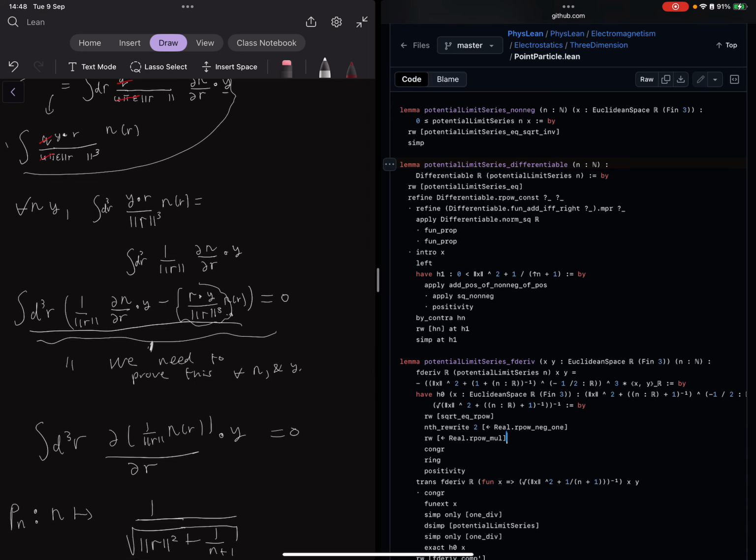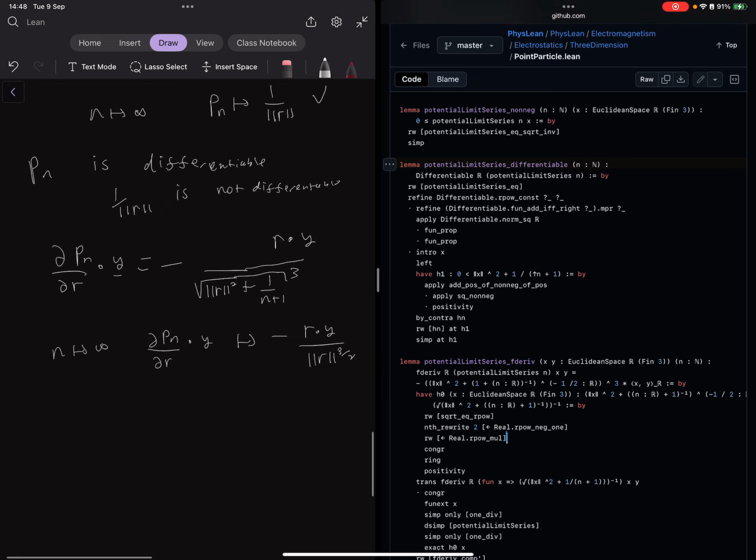So, let me make sure I get my eraser correct. Basically, we are going to look at this quantity, P of n, times the derivative of eta, times r, times y, and we're going to add to that the derivative of P of n in the y direction, times eta of r.